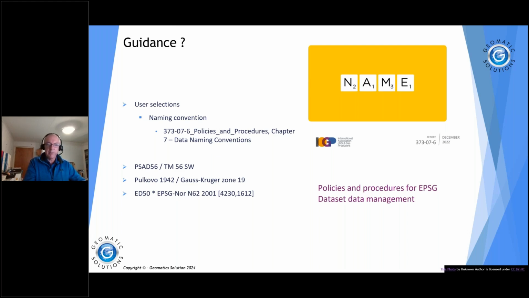The example here is PSAD 56 / TM 56 Southwest. This is a projected CRS, indicated by the slash.